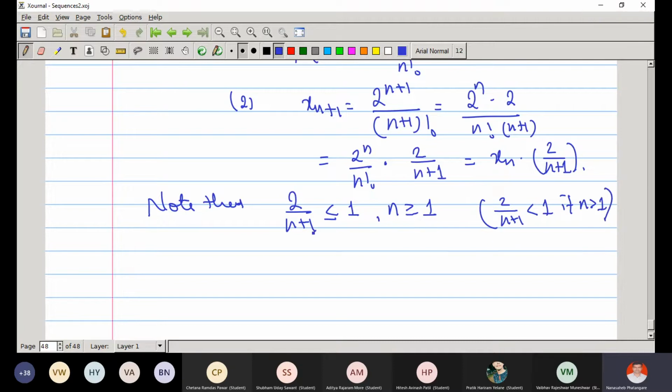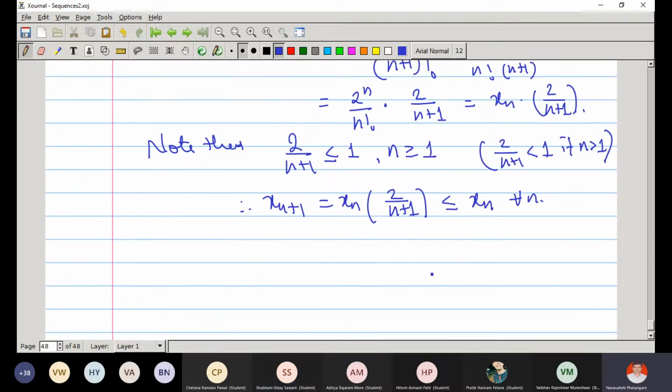That means for all n, this thing is less than or equal to 1. Therefore xn plus 1, which is xn times 2 upon n plus 1, can I say that it is less than or equal to xn? Yes, sir, because the bracket is less than or equal to 1. No doubt. So what can we conclude from this? It is monotonically decreasing.